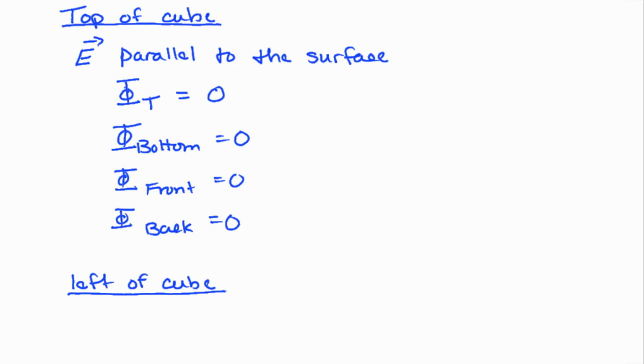Moving on to the left side of the cube, here we know that the electric field is perpendicular to the surface of the cube. So in shorthand, the electric field is perpendicular to the surface. So if we calculate the electric flux for the left side of the cube, it's going to be equal to the electric field times the area of the surface times the cosine of the angle between them.